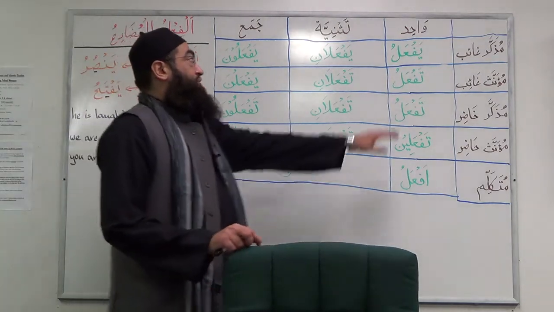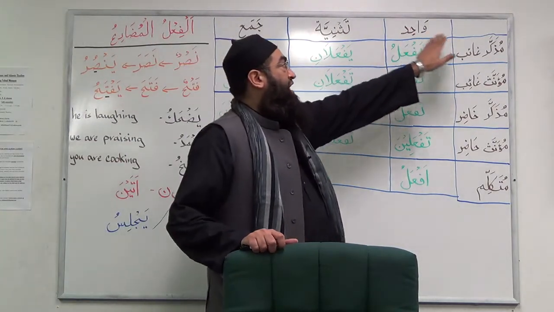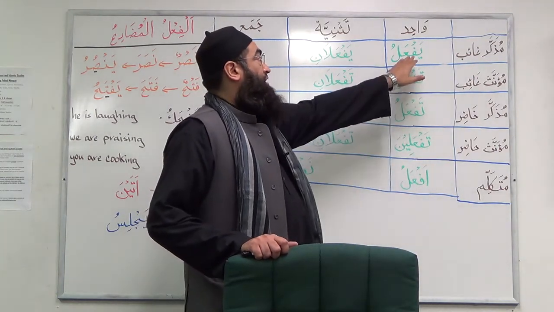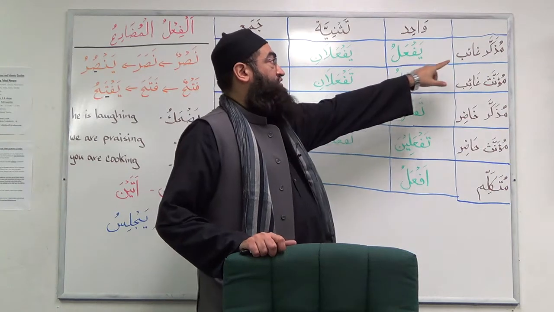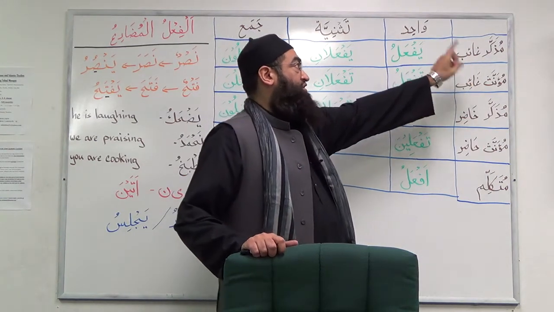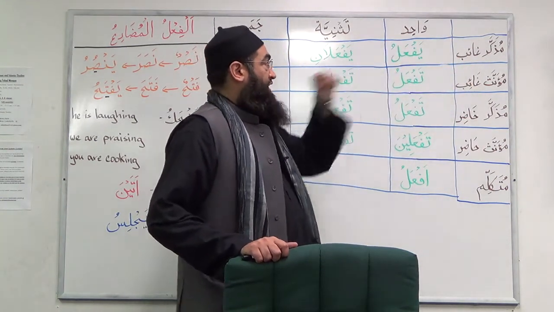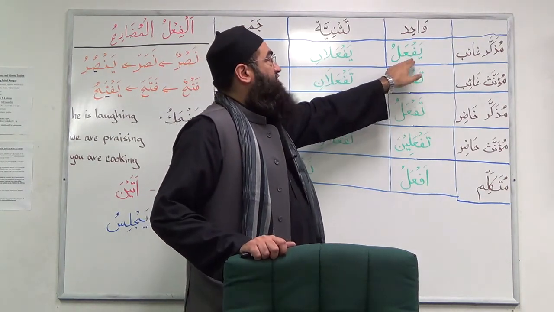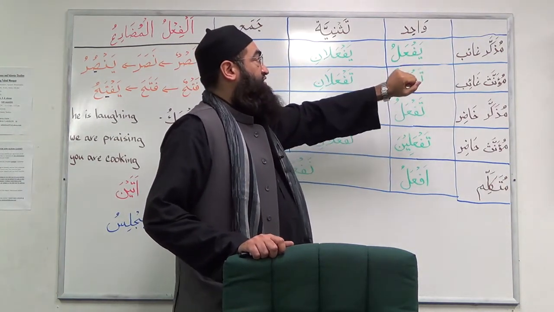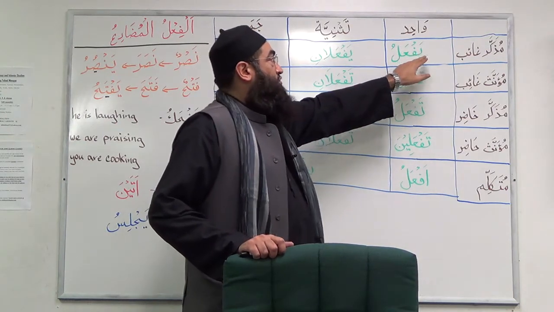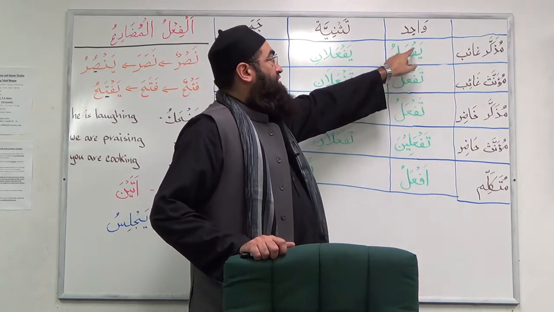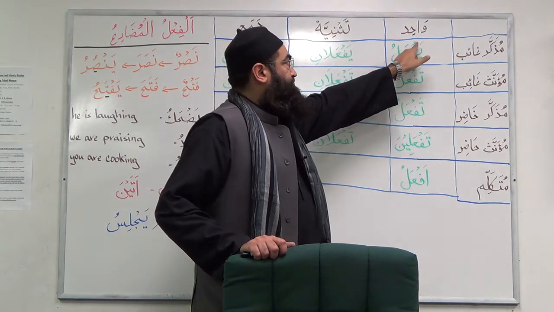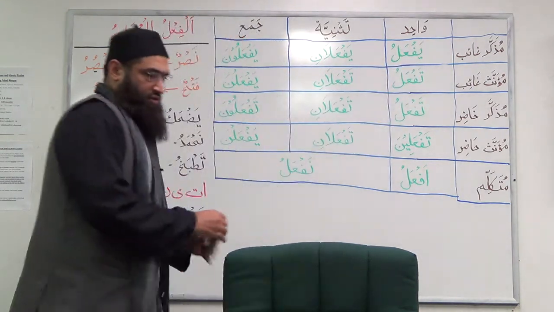To make a wahid mudhakkar ghaib, the third person masculine singular, you have to put a ya in the beginning of it. When you put a ya, remember the fa had a fatha, right?